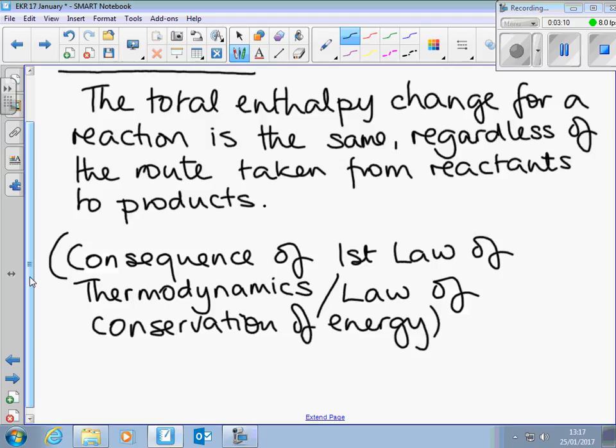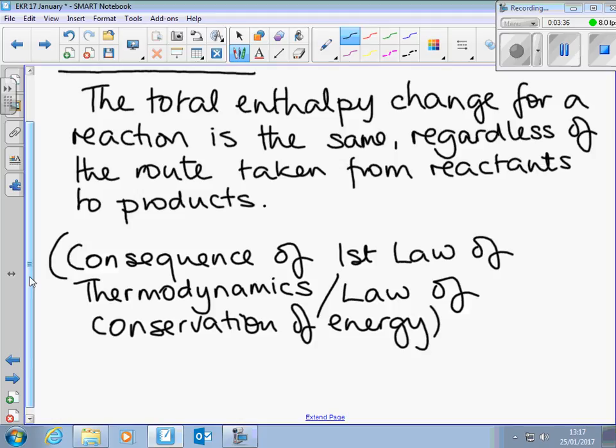Alright, so what we're doing really is just finding a route that's viable, perhaps a route that is possible at normal temperatures and pressures very often. I'll give you an example. I'll try not to give you the example that you're actually going to use next week, or I could do.